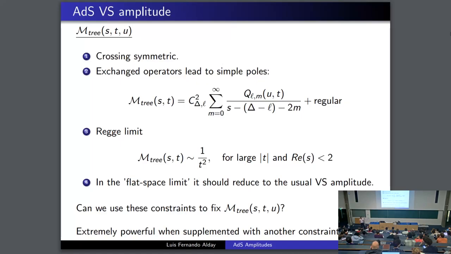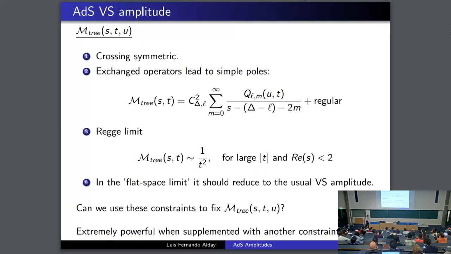So there is a large radius limit, a flat space limit, where this amplitude should reduce to the usual Virasoro-Shapiro amplitude. Is that okay? And now the game is to try to guess these amplitudes from the list of properties.